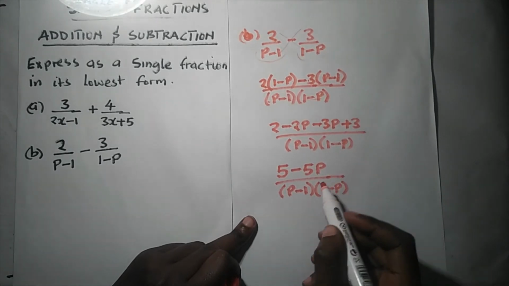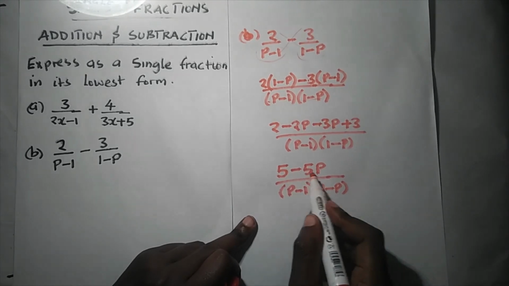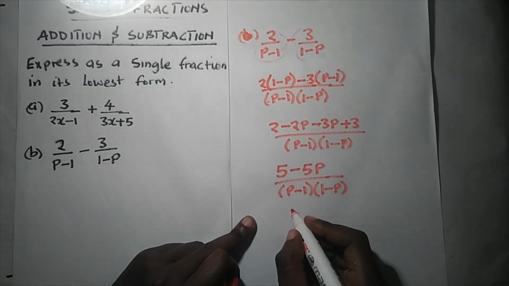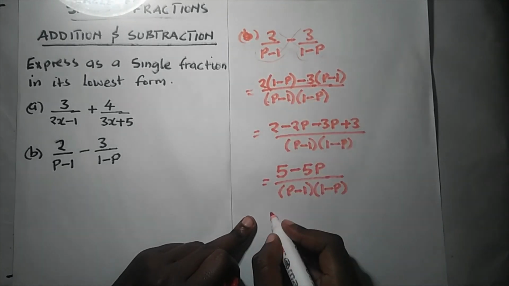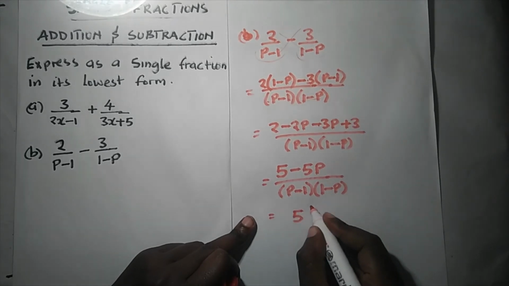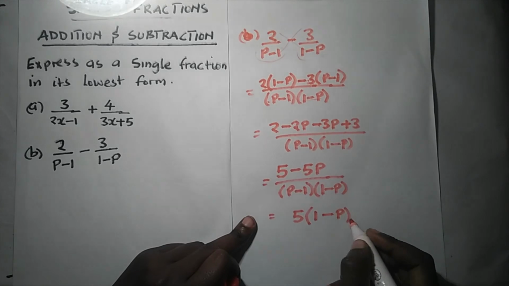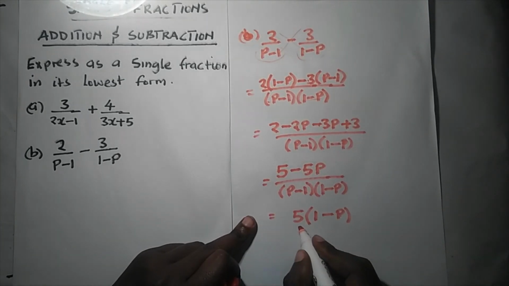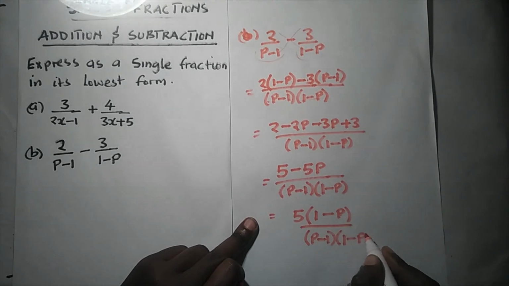Okay, so here on top you notice one thing, that 5 is common, so we can factorize on top because we have something that is common. So we are going to have 5 times 1 minus p on top, when you take the 5 out, over p minus 1, 1 minus p.